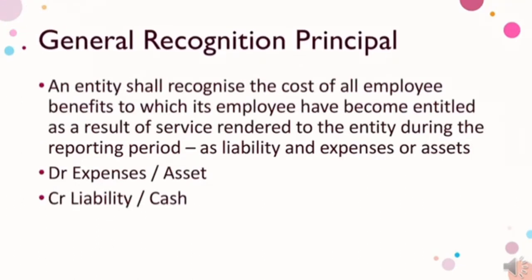For the general recognition principle, an entity shall recognize the cost of all employee benefits to which its employees have become entitled as a result of service rendered to the entity during the reporting period as liability and expense, or asset. Debit expenses, credit liability, or debit asset, credit cash.